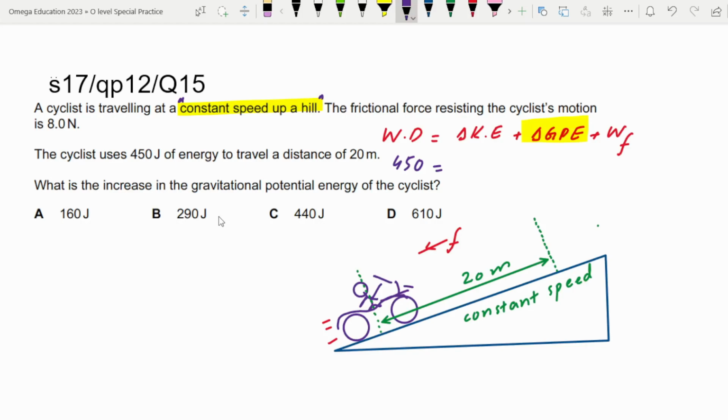Now what is the work done against friction? Should it be the frictional force times the distance covered in the line of the frictional force? 8 times 20. Yes, 8 times 20, plus 8 times 20.